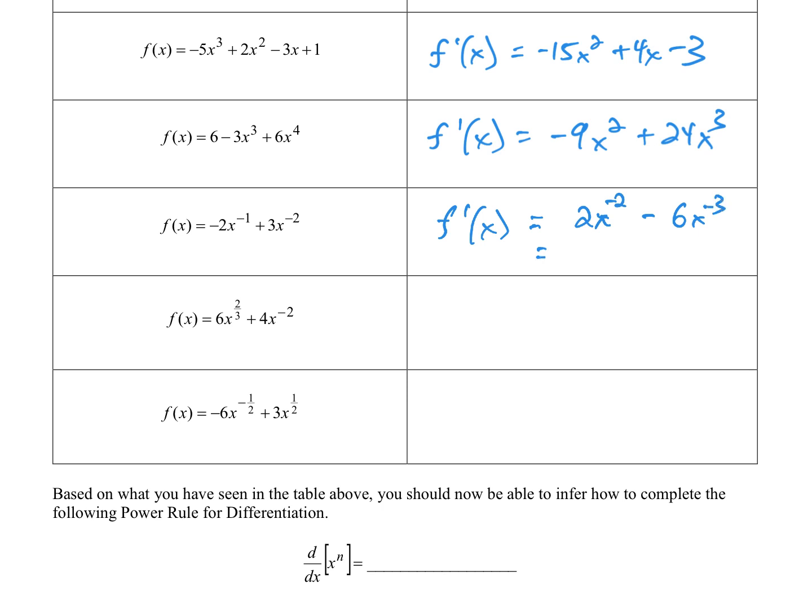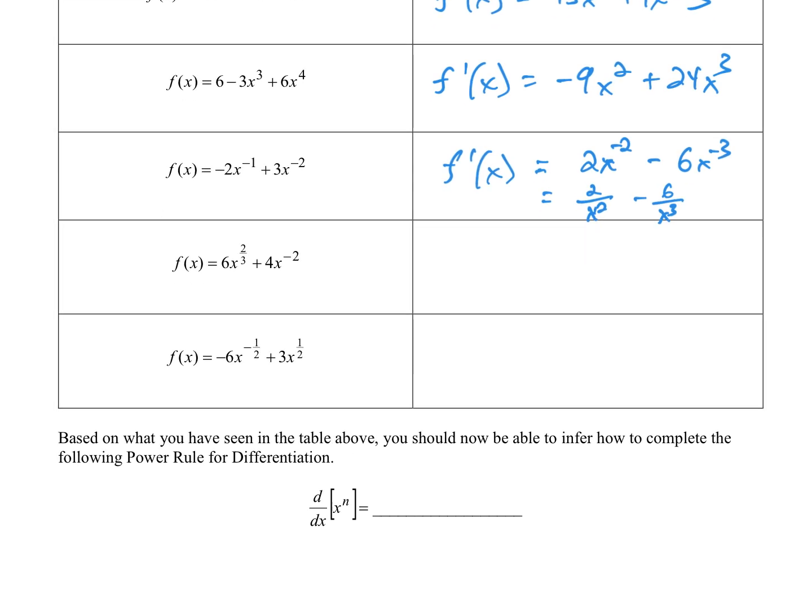Now, we don't like negative exponents. So if it's okay with you, I'm just going to take a quick step and simplify that into 2 over x squared minus 6 over x to the third. And you see we've even got fractional exponents here. So what does that look like? Well, let's figure the derivative here.